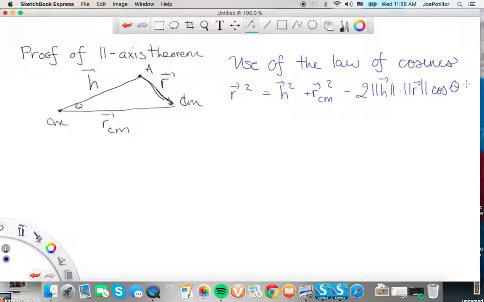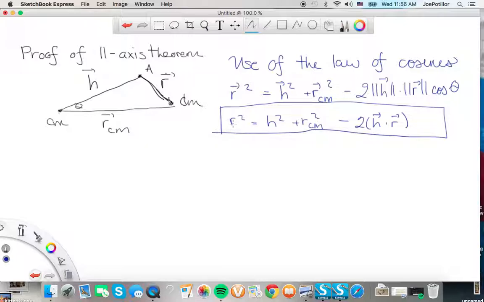This represents the dot product of those 2 vectors. So I will write this without the vectors. So r squared is equal to h squared plus r center of mass squared minus 2h dot r. Easy enough, correct? Nothing too painful to this point.